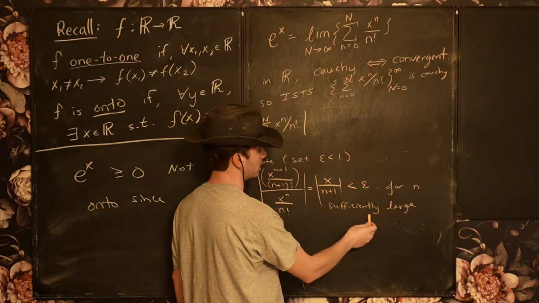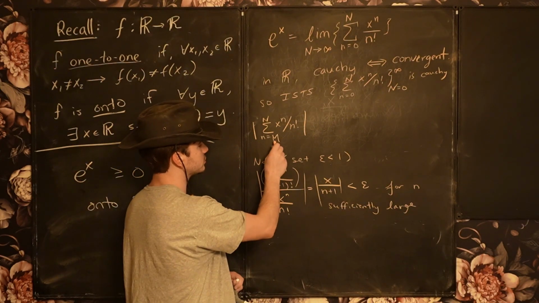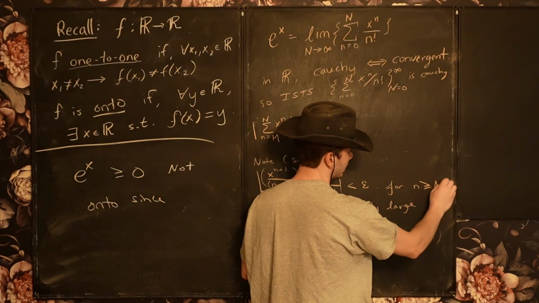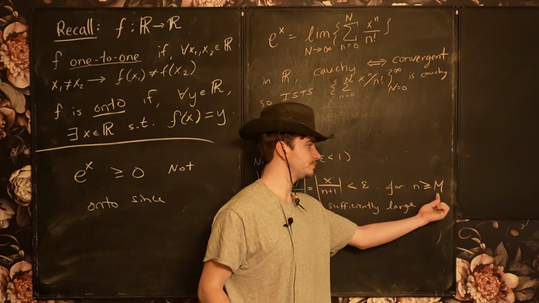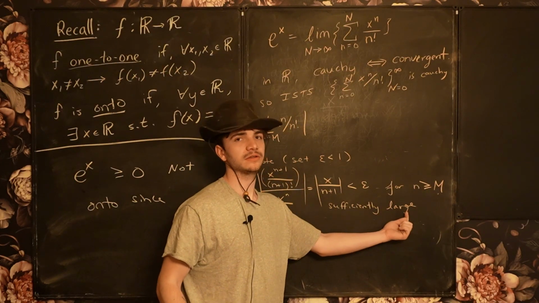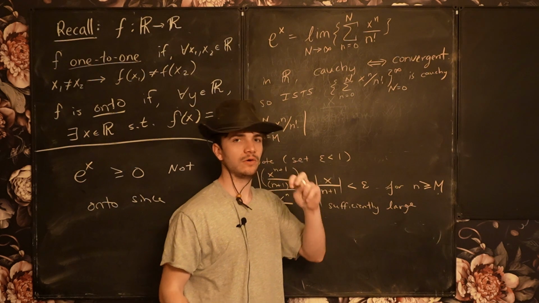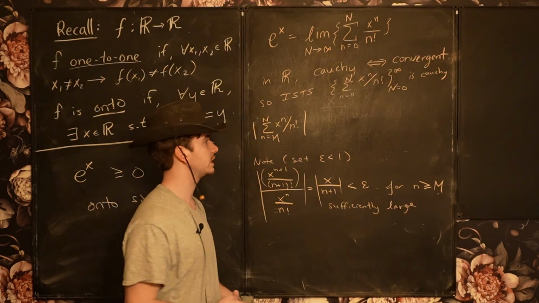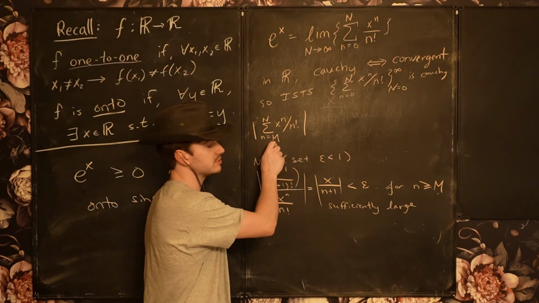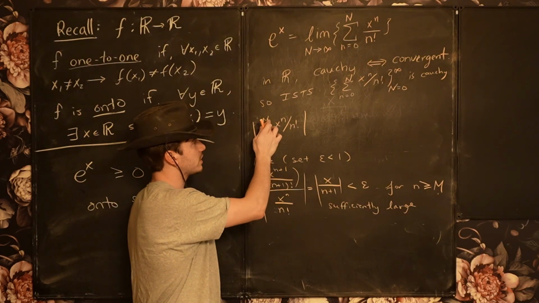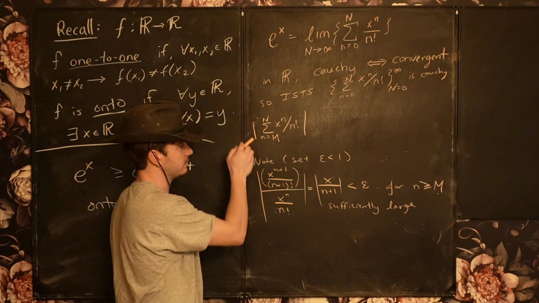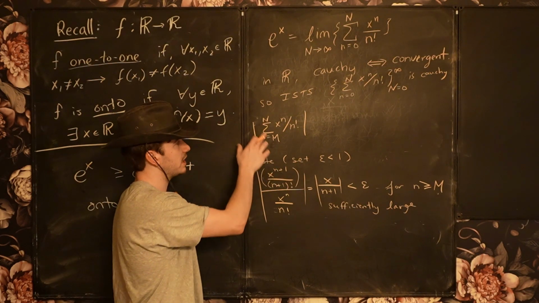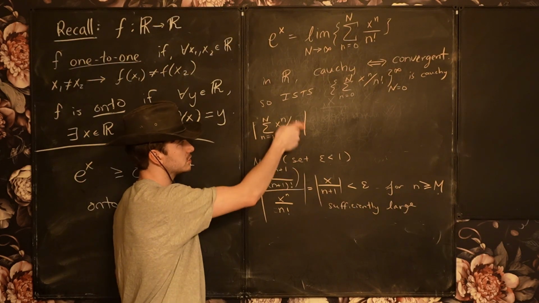And n sufficiently large. So basically we're going to choose capital M such that M is our sufficiently large quantifier, so anything greater than capital M is guaranteed this inequality. We're allowed flexibility in choosing capital M, but we don't have flexibility in choosing capital N, because to show that it's Cauchy, we need to show that for M large, independent of the choice of N greater than M, this quantity is small.